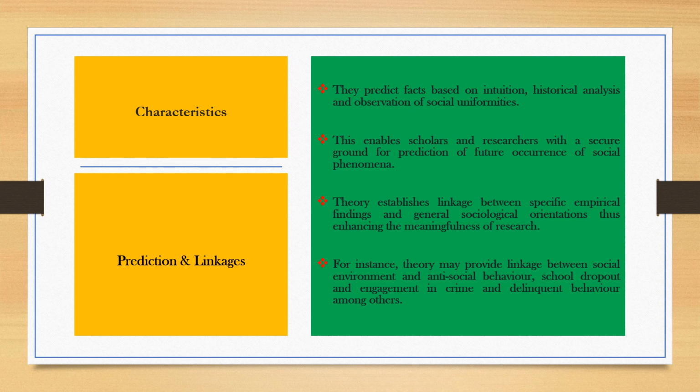The other issue is on prediction and linkages, also as a function of theories. Theories should be able to predict facts based on historical analysis and observation of social uniformities. Let me take the case of crime.